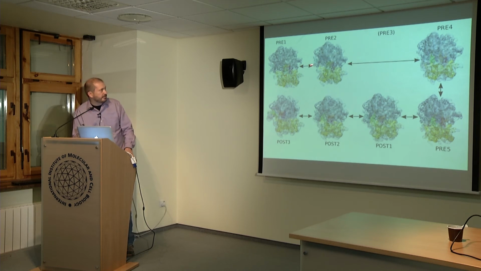And so this gave us a really nice view of what the ribosome does, going from classical to hybrid and then to the post-translocated states. So we started out by fitting to this density map and then progressively fitting to the other density maps.